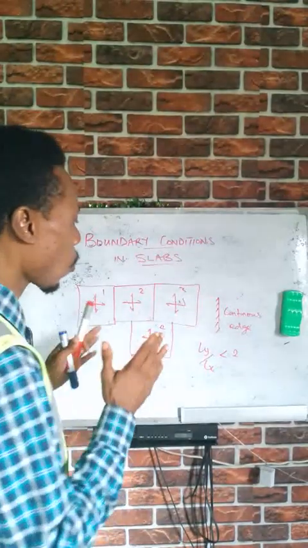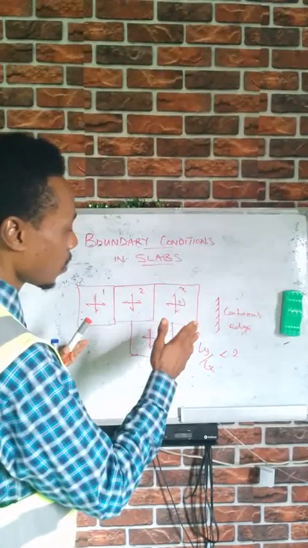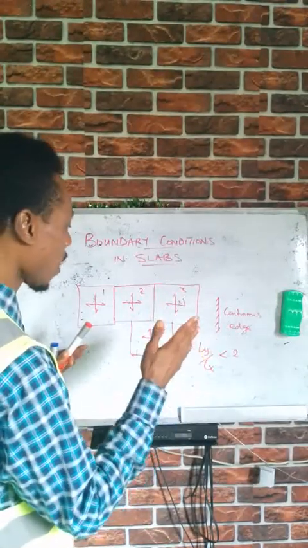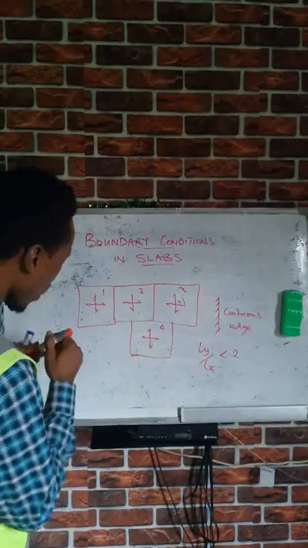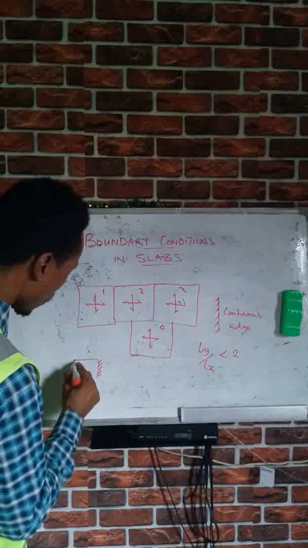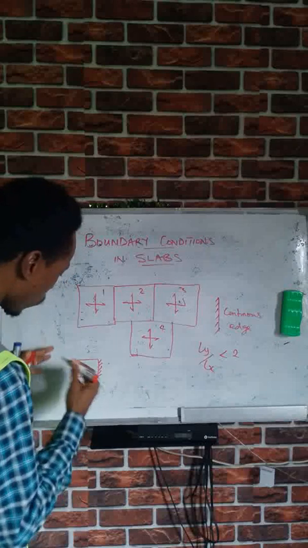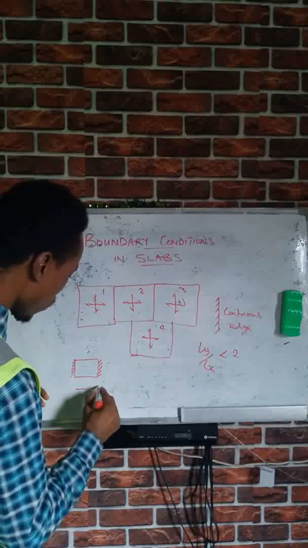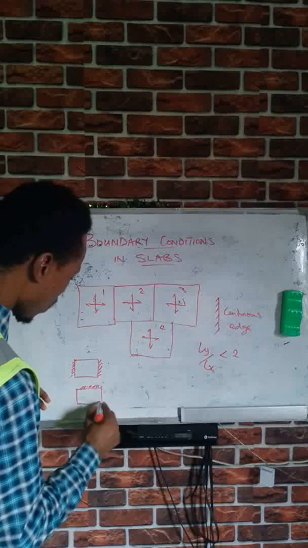In your coefficient table, we have different boundaries in terms of their continuous edges. We have situations where we have free ends, and we have continuous edges at both ends. There are some cases we have in this form, where we have a free edge.